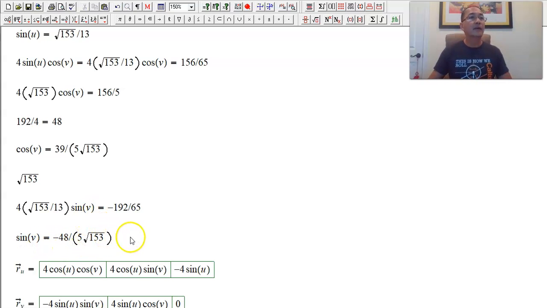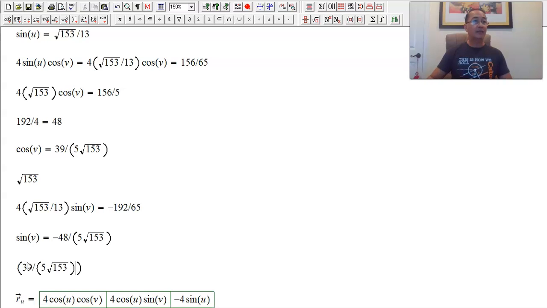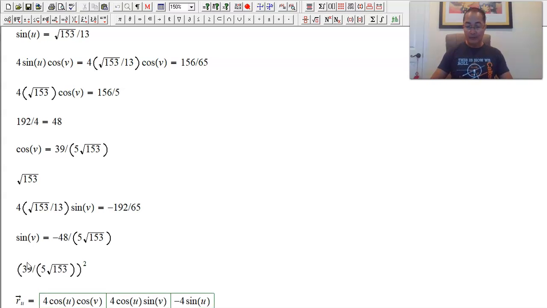153. Okay, and of course we can check if we square these two and then add them together, we better get 1 exactly. Cosine squared plus sine squared had better be 1.